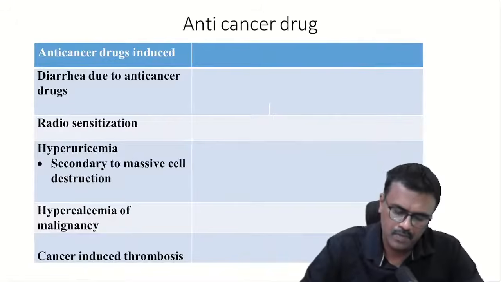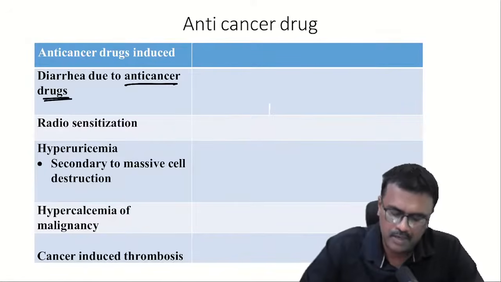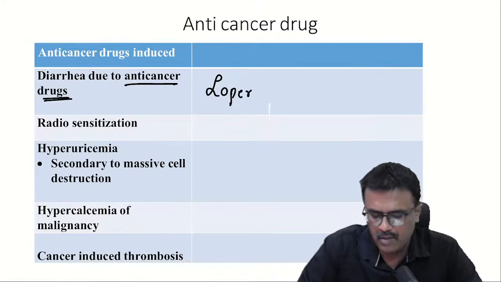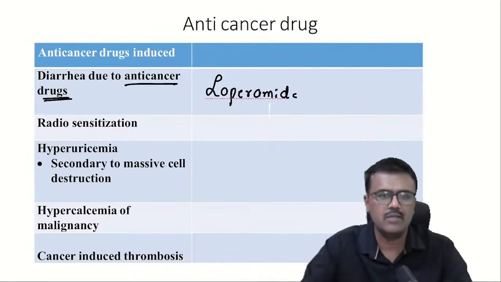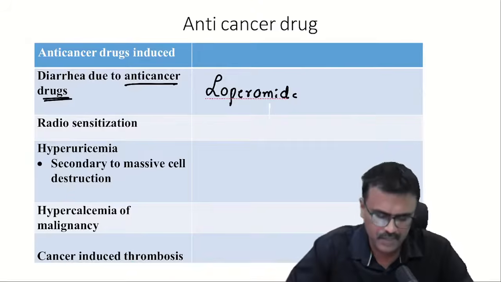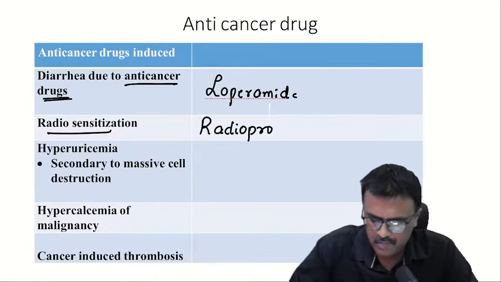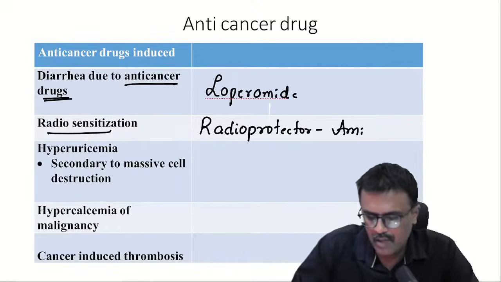Now, if an anti-cancer drug induces diarrhea, it is a non-infectious diarrhea, so the best drug will be loperamide, which is an opioid. If there is radiosensitization, we have a radioprotector drug. The name is amifostine.